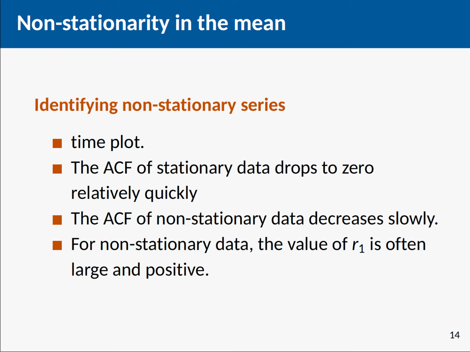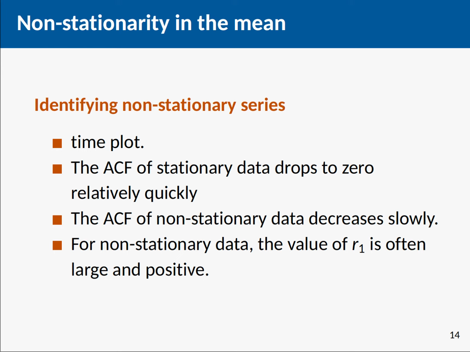Now, whenever you're eyeballing the data, graphing the data and trying to make a judgment on whether it's stationary or non-stationary, some of the useful things you can do to identify non-stationarity are to look at a time plot and then take a quick look at the autocorrelation function of the time series. If the data are stationary, the autocorrelation function would drop to 0 relatively quickly.